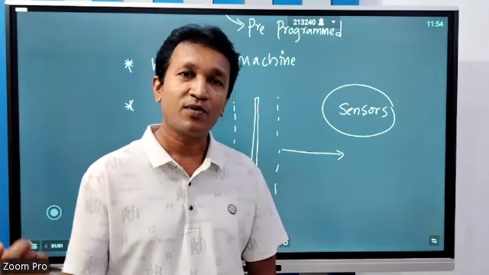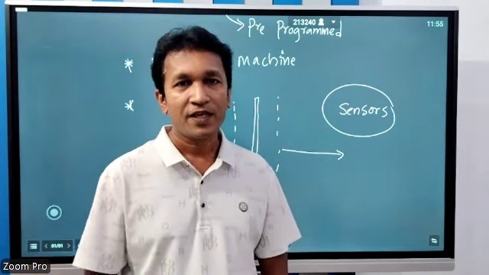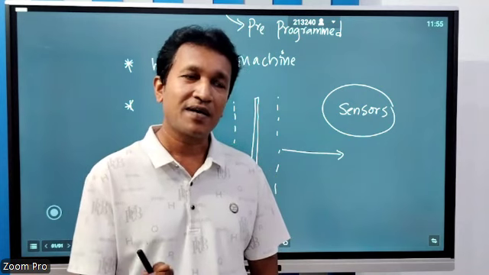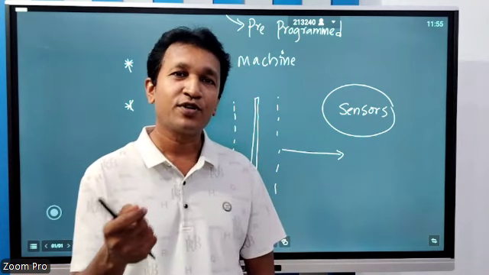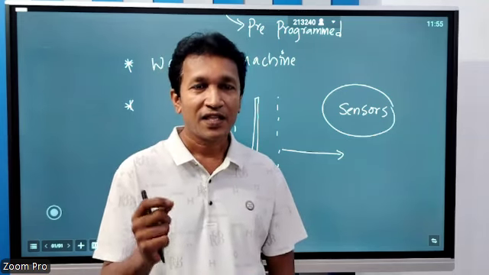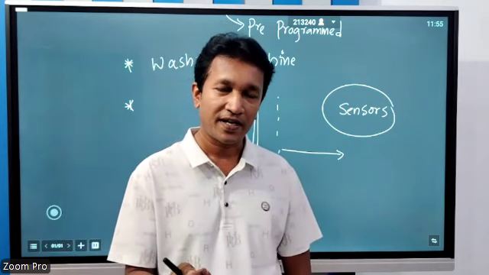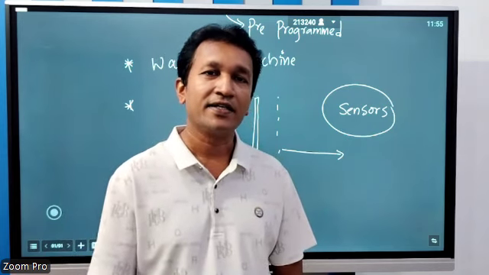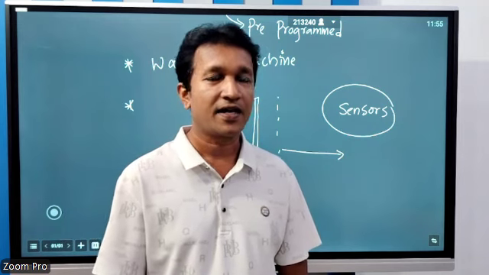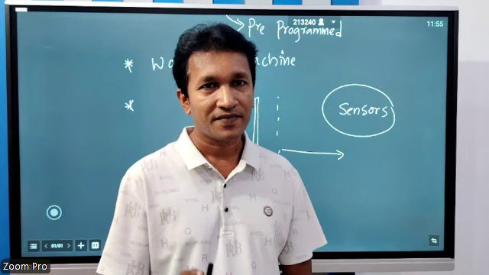So inside robots also there are different kinds of microcontrollers. The simplest example is remote control cars, right? Inside those cars also there are microcontrollers, right? We can handle that car remotely using a remote controller, right?